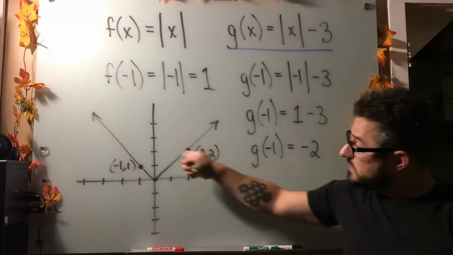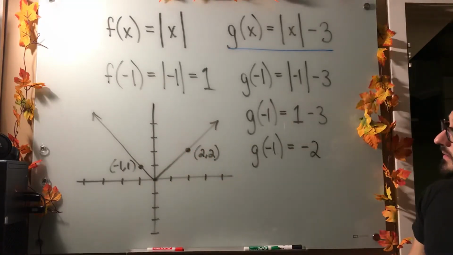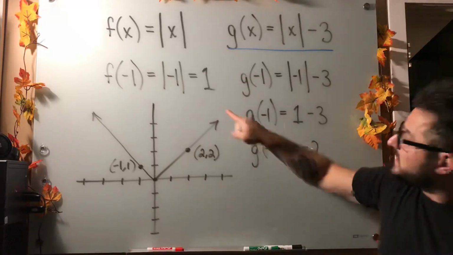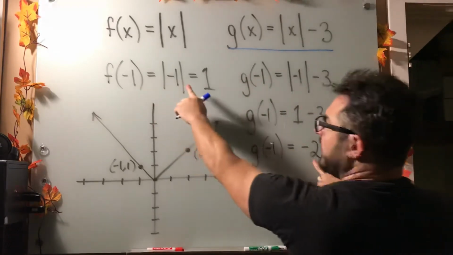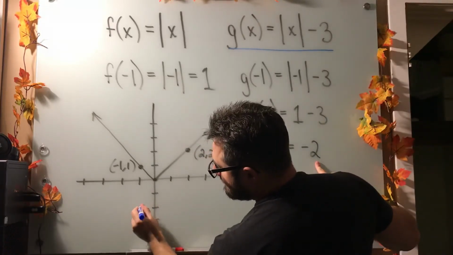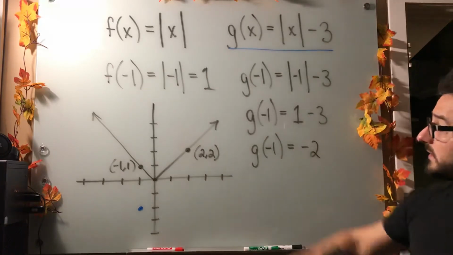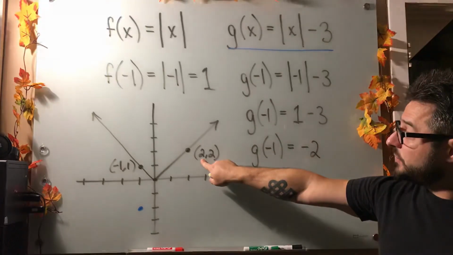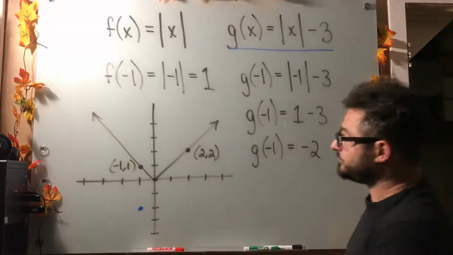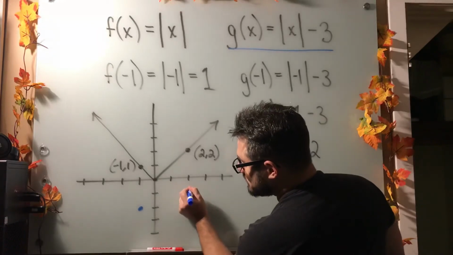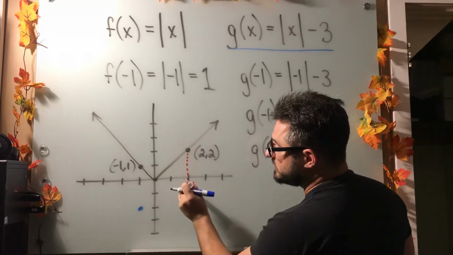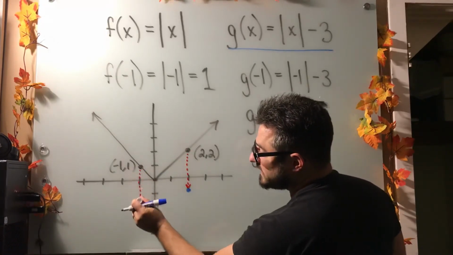Now, as we saw from these 2 points, this in particular, because it happens to be on the board at the moment, it's the same x value, but the y value is 3 lower. We saw the same thing with this. When our input was 2, the output value to g of x was -1. Because literally, the point has moved down 3 spaces.